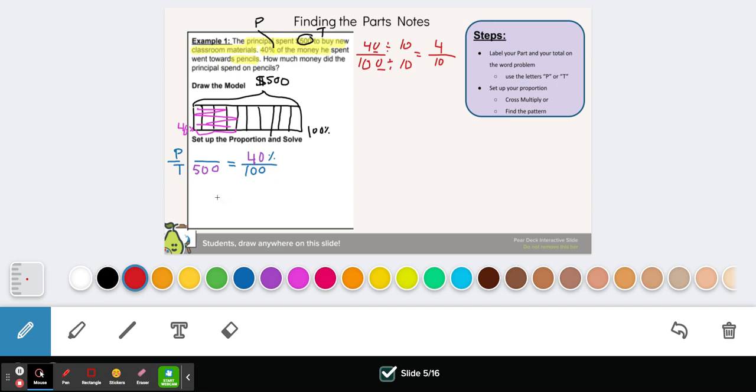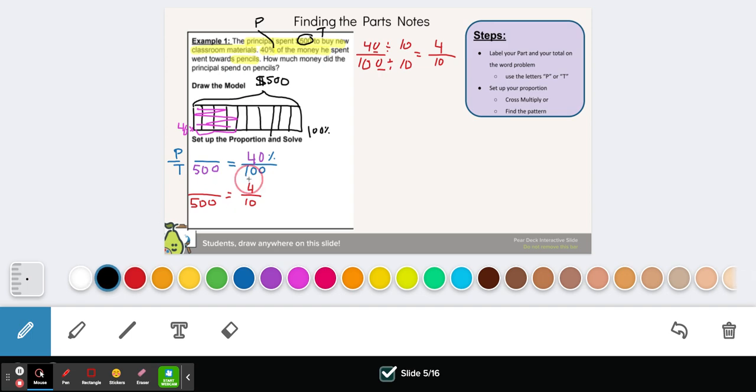Sorry, I'm trying to talk fast so we have enough time. So then I am going to rewrite this right here out of 500, using my new simplified fraction.